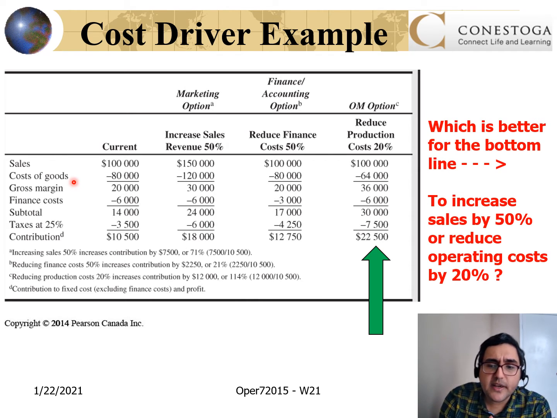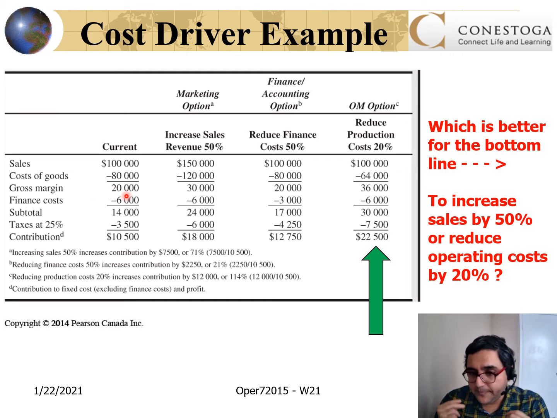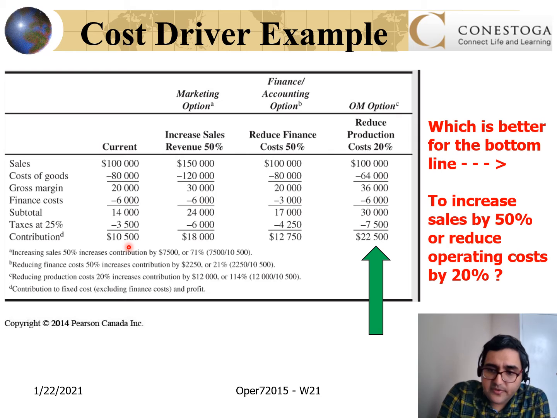I can try to find out the best practices and make things far more efficient. If I'm successful in reducing my production cost by 20%, 80,000 has dropped to 64,000, and nothing else has changed. The contribution has increased to 22,500.